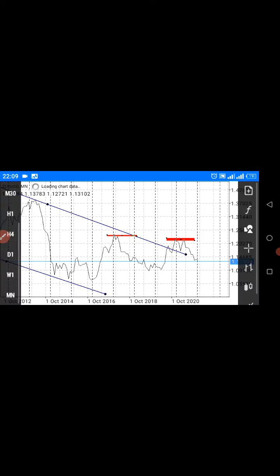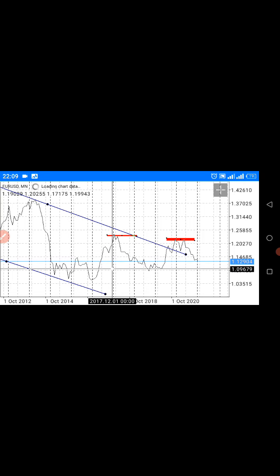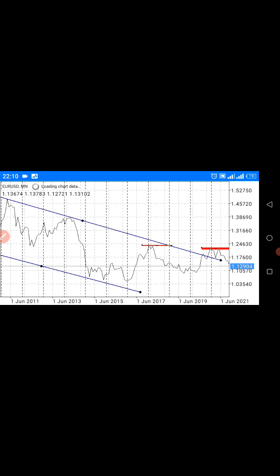And you see, after taking the trade, we have a lot of pips, like from here to this place, almost 300 pips, but we didn't take the trade based on the pattern only.